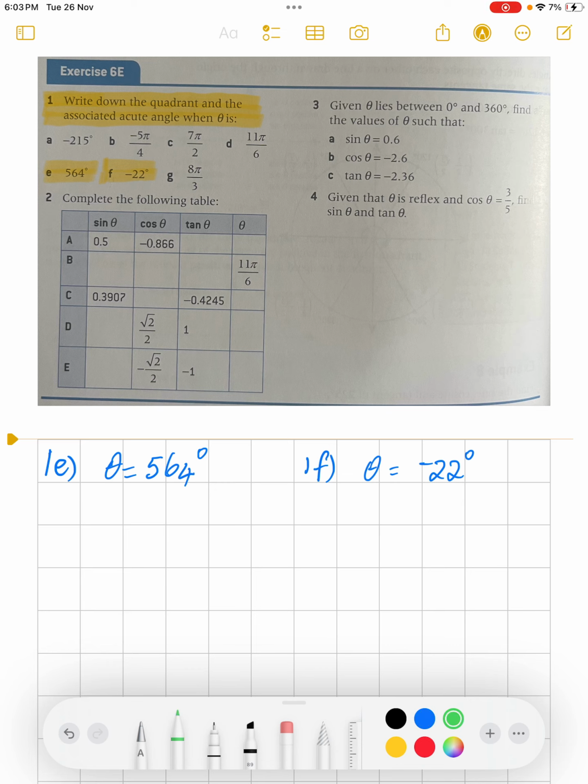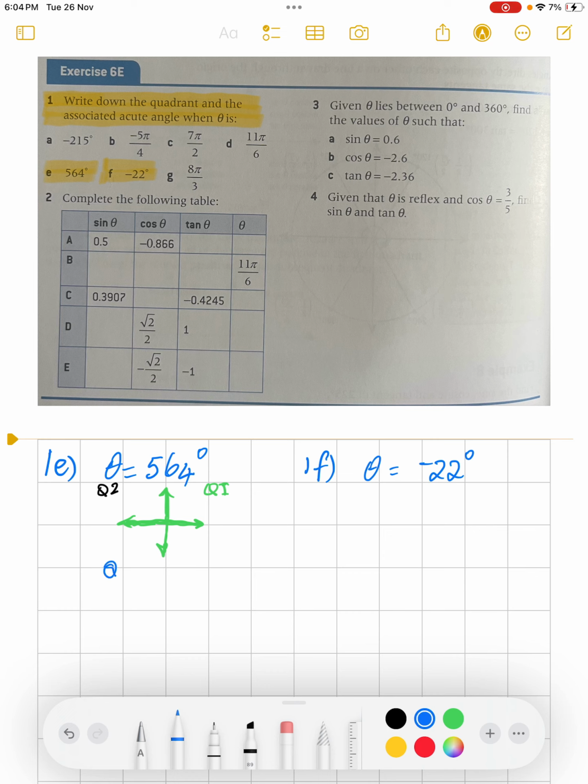Well, let's have a look at the y-axis and the x-axis. We've got quadrant 1 between 0 and 90. We've got quadrant 2 between 90 and 180.